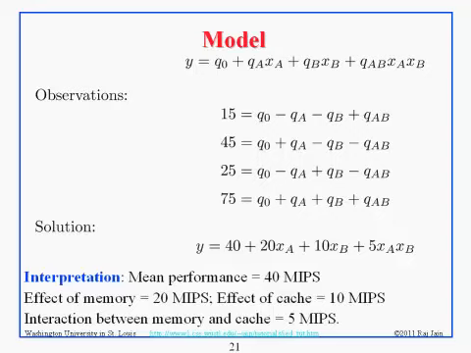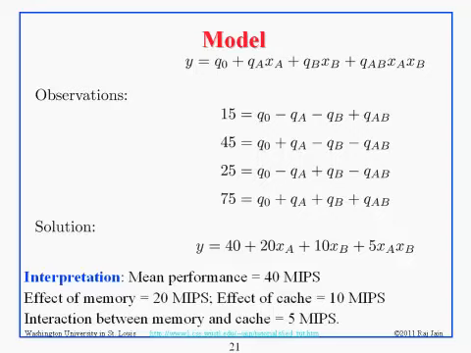Alright? So at least with this simple model, with this simple design, we can make a statement that the interaction is 5, the effect of cache is 10, and the effect of memory is 20. Now with this, if you had X number of dollars, you have to decide where to put the money.